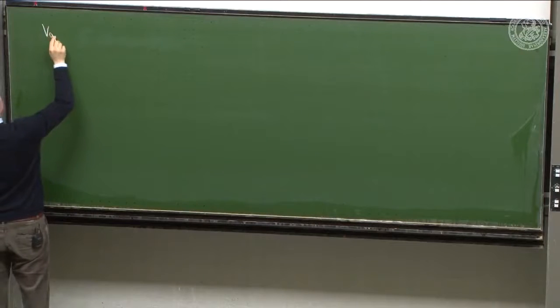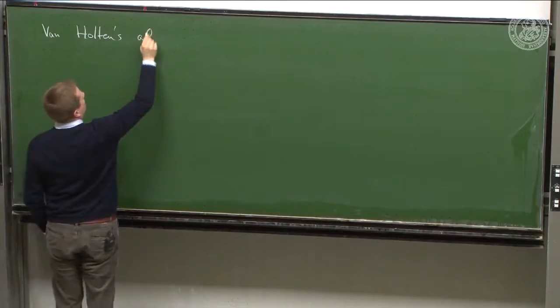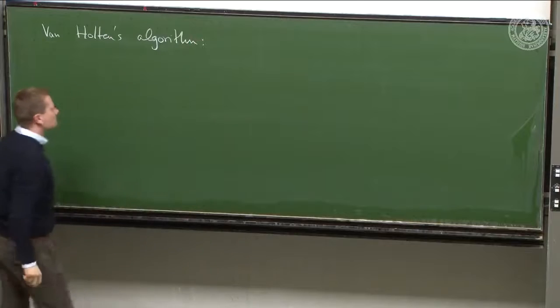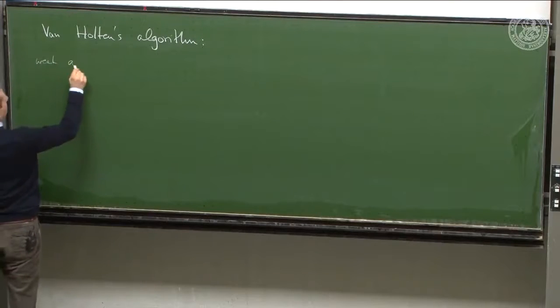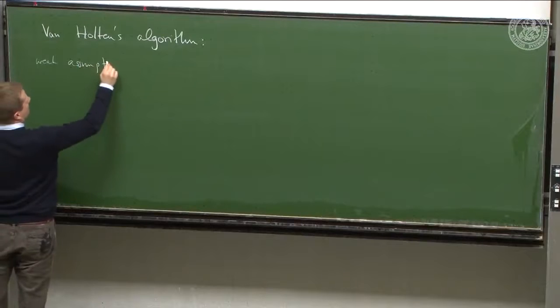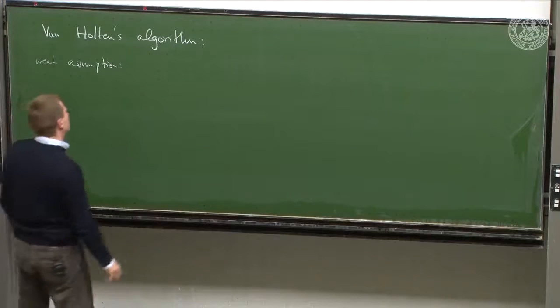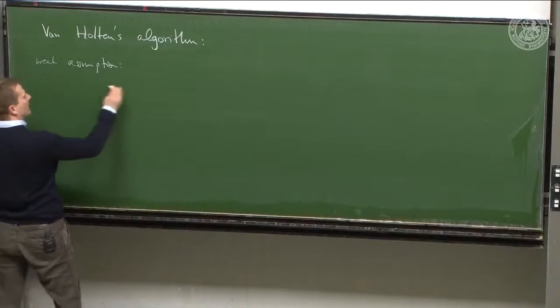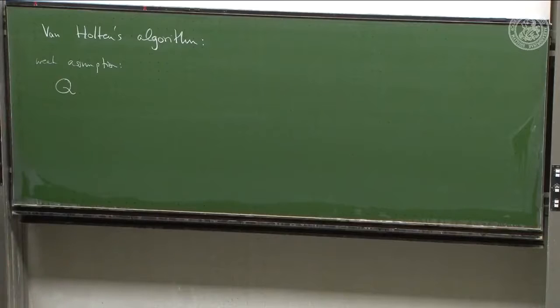I think it's called Van Holten's algorithm. So we make a weak assumption, which means not much is lost by making this assumption. And that assumption is that we have a conserved quantity, Q, as said before.